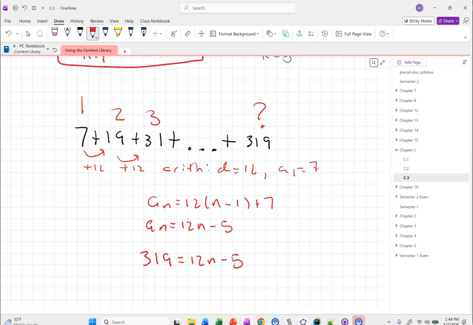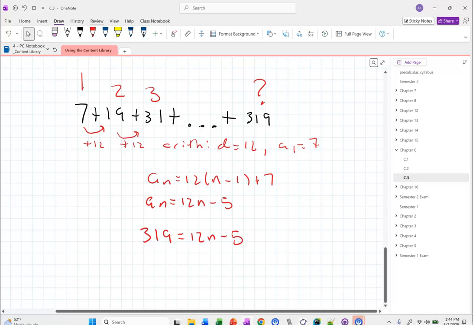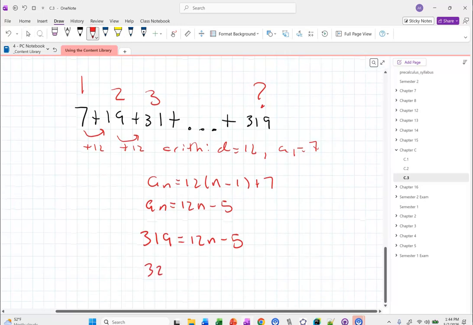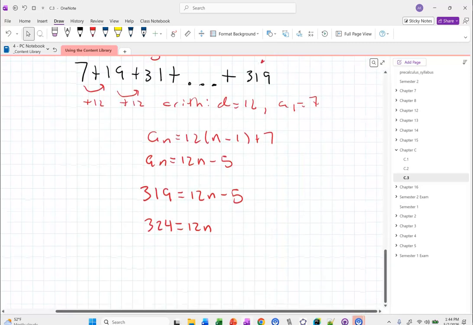So if I just plug that into my explicit formula as the a sub n, I can solve for n.